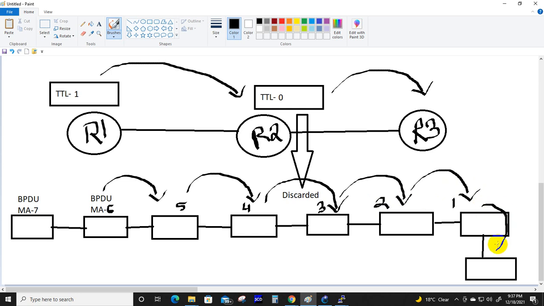And it will be 0 if this switch wants to forward this BPDU to any other switch. In that case, this BPDU will be discarded by this switch because message age is 0. Clear? Any doubt up to this point?